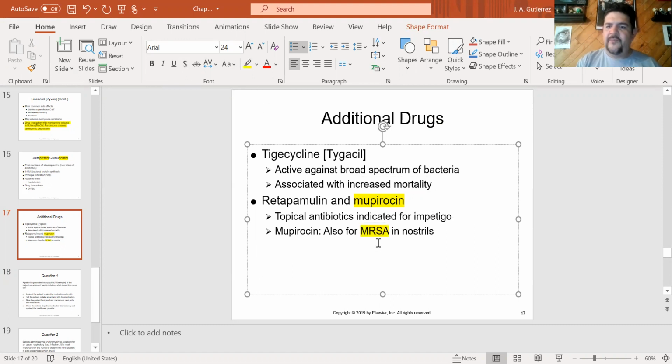And like I told you, MRSA is found usually in the nostrils. So when a patient starts having a little ulcer, a little skin infection near this area, mupirocin is the one that is used because it's a topical presentation. The most common adverse effect has to do with a cream that is fat soluble, and when it's exposed to the sun, that can produce sunburns.